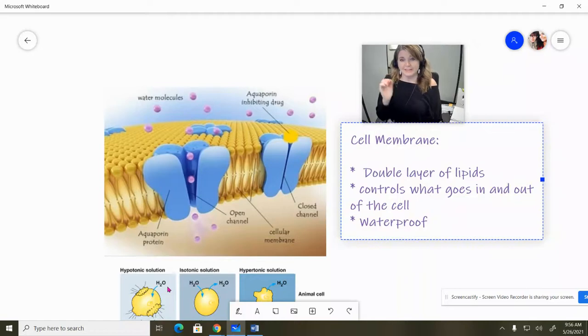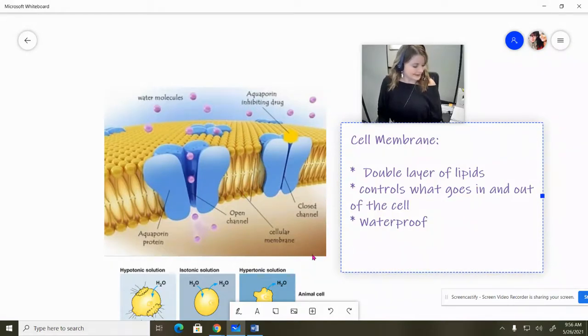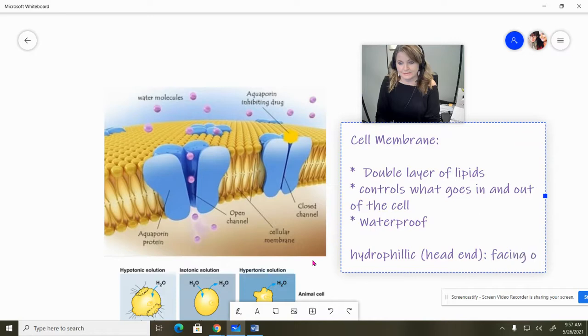Now, as I mentioned, we've got this double layer of lipids. You'll notice heads and tails here. Our head end is called the hydrophilic end of the lipid. This is facing outwards, and hydrophilic literally translates to water loving.